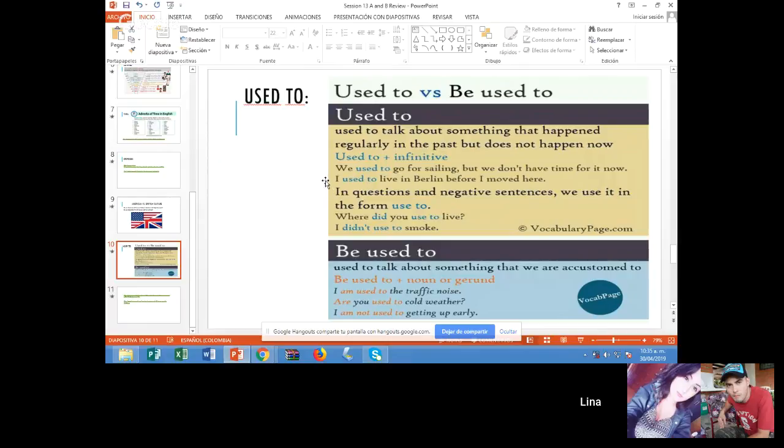So we use subject plus used to plus the verb in present plus the rest of the phrase. And also in questions and negative sentences, we use it in the form use to. So it means in questions and negatives, we use the topic use to without the d.